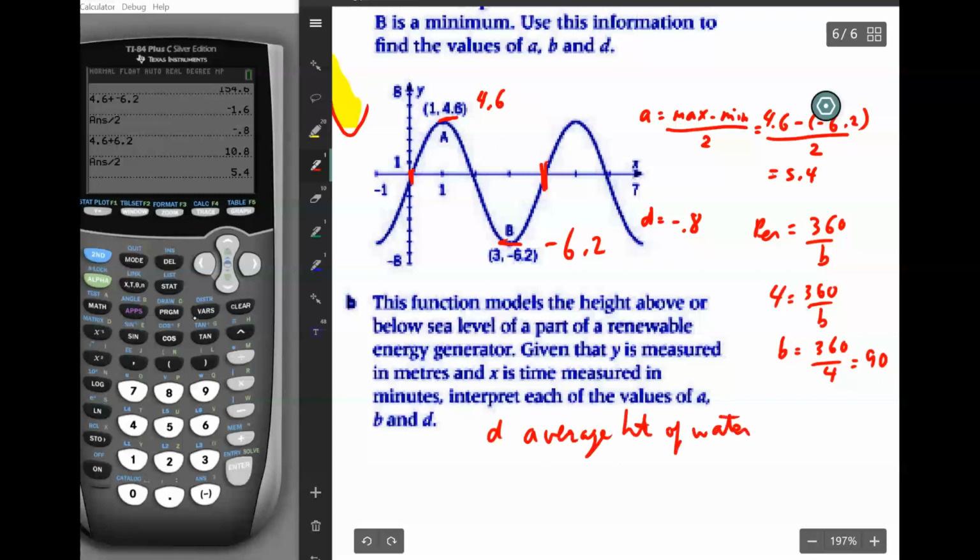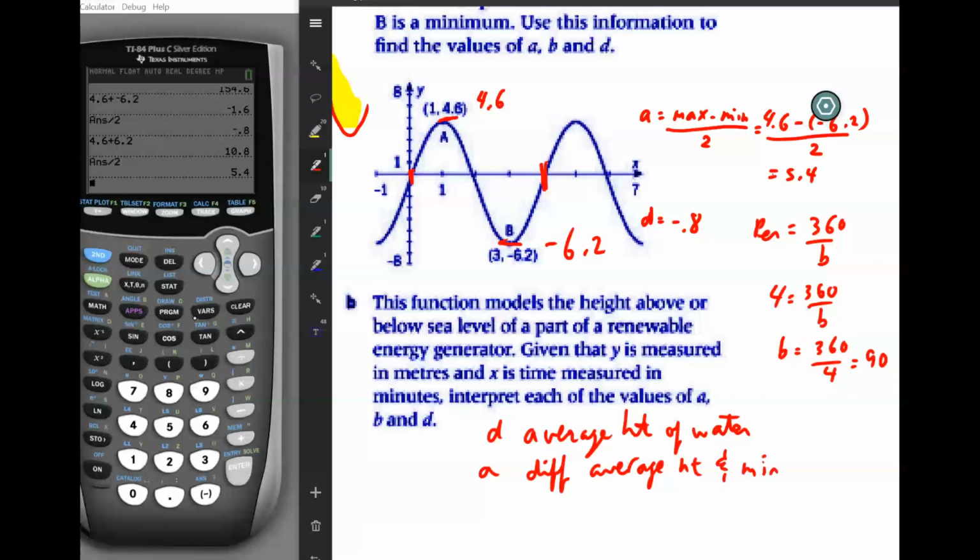And the a value would be the difference between the average height and the min, or max. Okay? And what would B mean? B is related to the period.